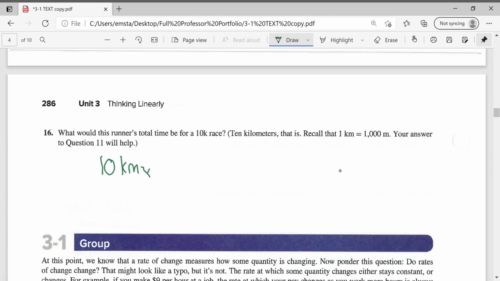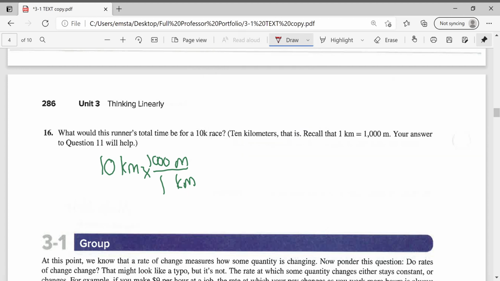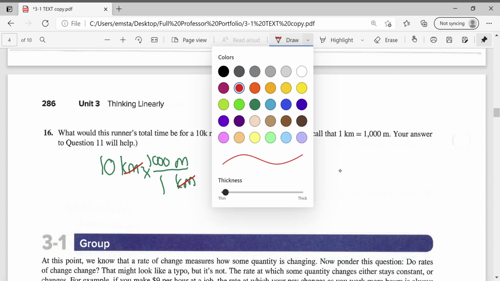I want kilometers to go away, so I'm going to put them on the bottom and meters on top. Using the information in the problem, I know that 1 kilometer is 1,000 meters. So now kilometers goes away, I'm in meters. That's a good start. Now I can use information from the previous page to turn meters into time.